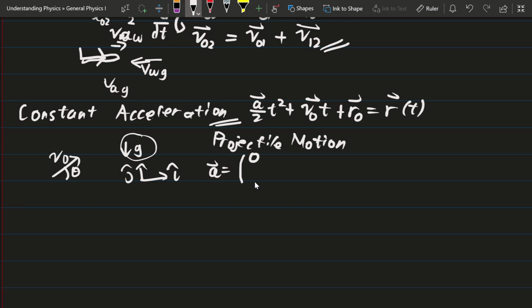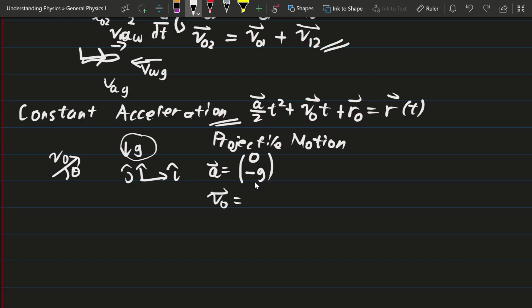So there won't be any change in the speed in the x direction, but there will be a change in the y direction, which is going downwards. And so we can write this as 0 and negative g. And that's the acceleration. So what about our initial velocities?